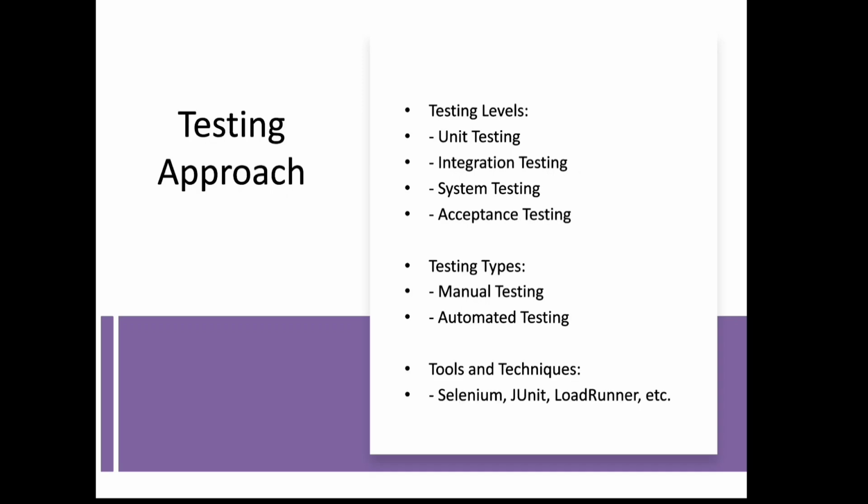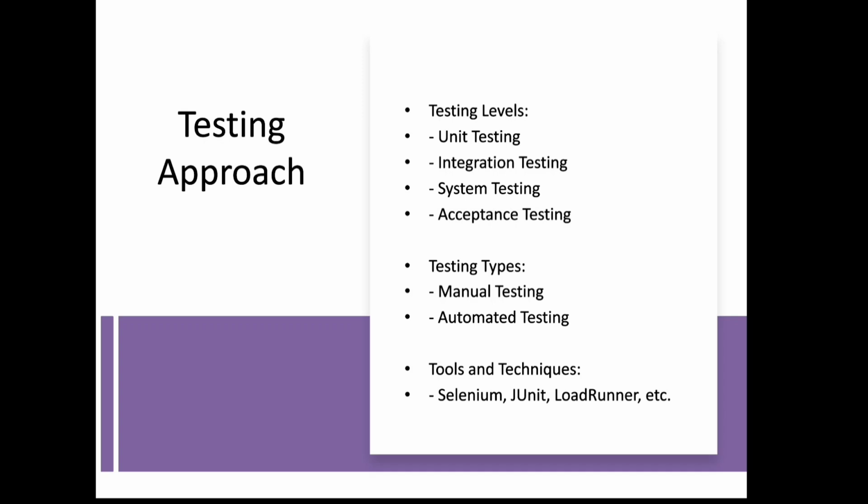Then we have a number of testing approaches. Different companies have their own approaches, but basically there are some testing levels we need to follow. First is unit testing, which is done by the developer. Developers have a unit testing framework, they execute it and check whether their code is proper or not. Second, testers do integration testing.